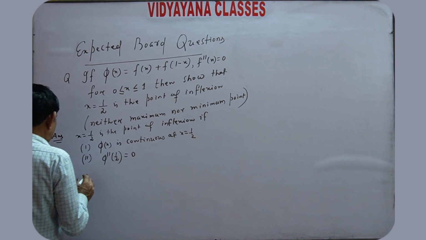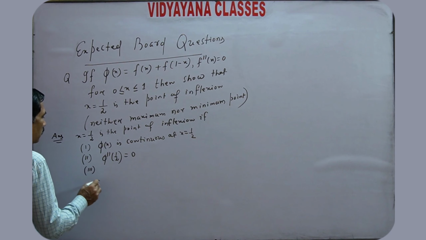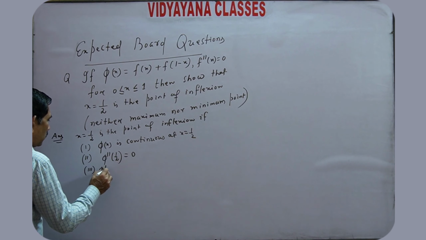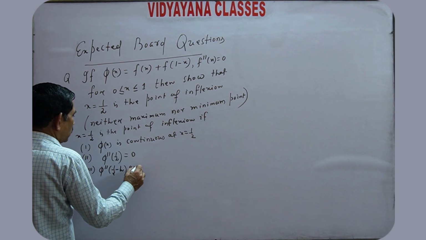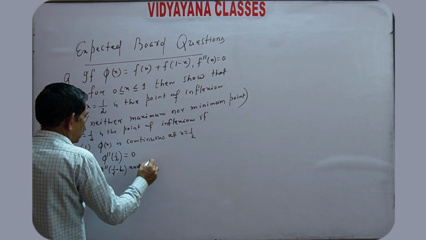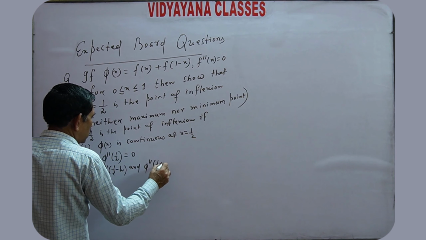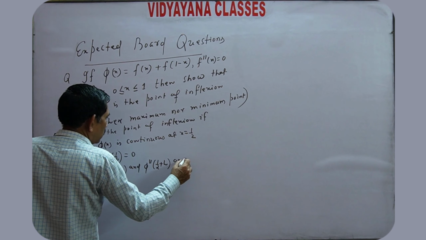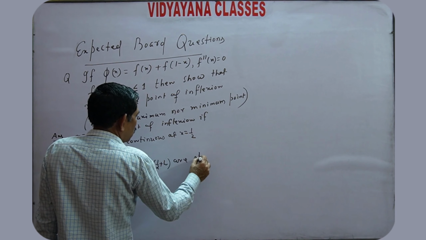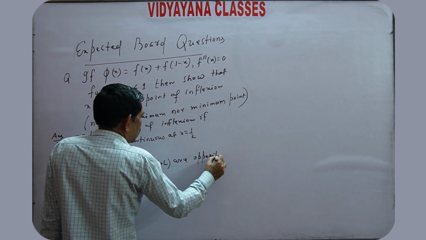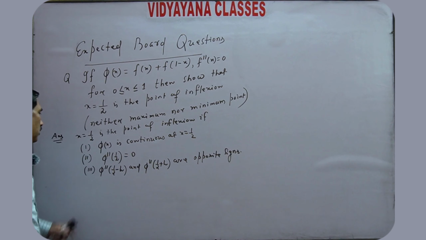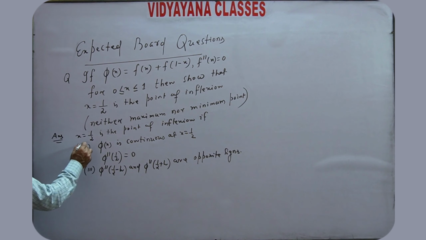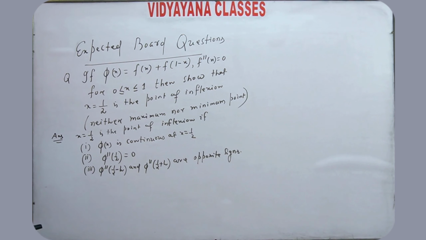Third condition, phi double dash (half minus h) and phi double dash (half plus h) are of opposite signs. Clear? If these three conditions are satisfied, then x equal to half is the point of inflection.